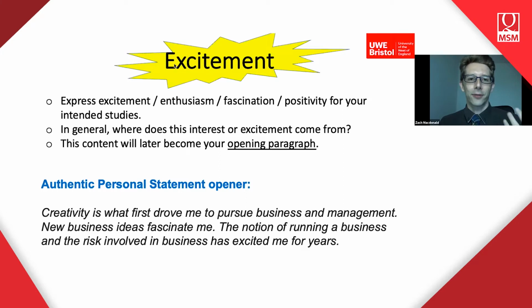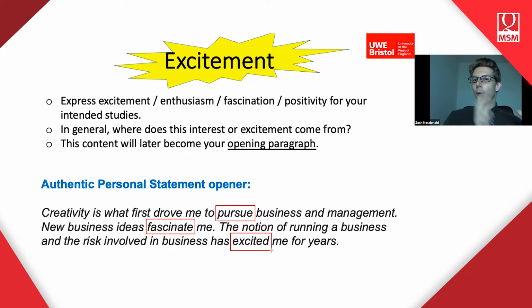All right, lots of great words in there. They're not being flowery. They're very carefully choosing which words they use to show their excitement, and without using exclamation marks. They're just using the language itself to show their interest. So we have pursue, fascinate, has excited me for years.